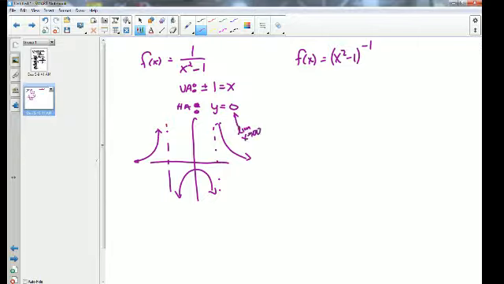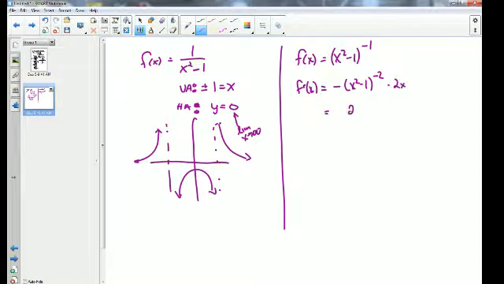Infinite limits, then your derivative. I've turned this into a chain rule problem now. So what is the derivative? Negative, x squared minus 1 to the negative 2, times 2x. So we get 2x over x squared minus 1 squared.